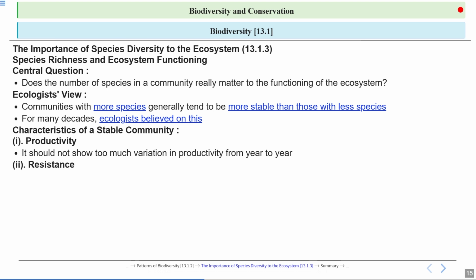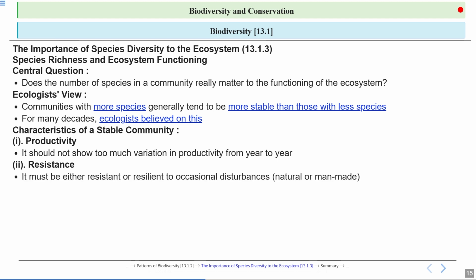The second characteristic is resistance. This refers to how well the ecosystem can withstand disturbances. A stable community must be either resistant or resilient to occasional disturbances. So more species often means the ecosystem can handle disturbances better.